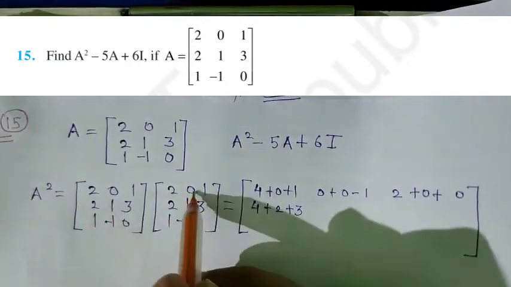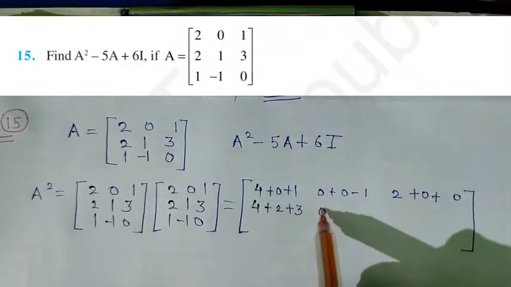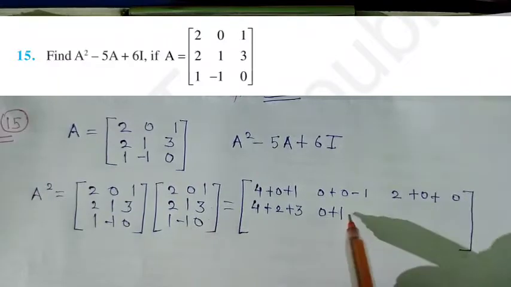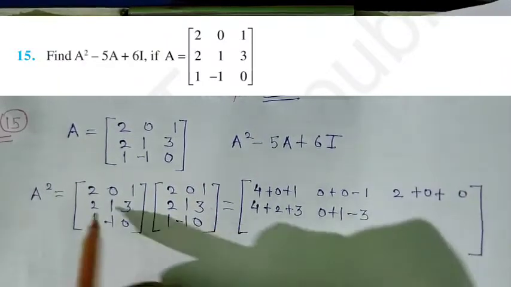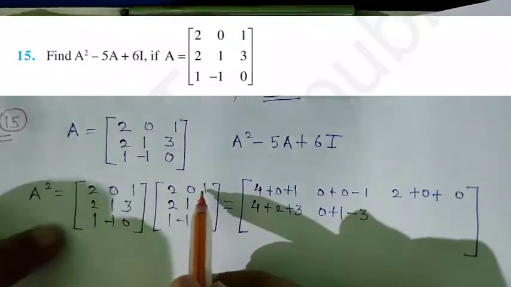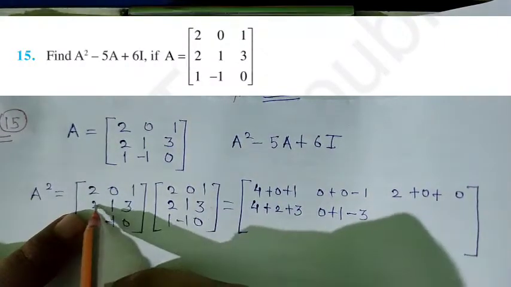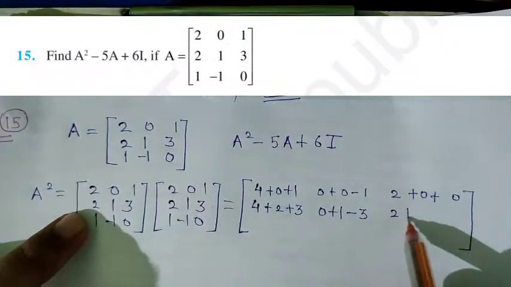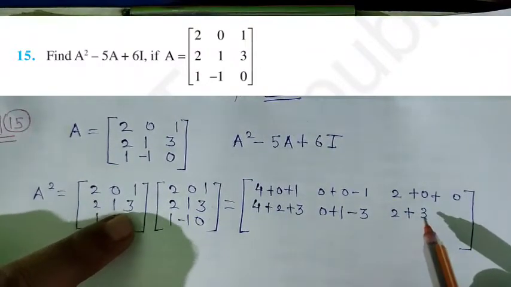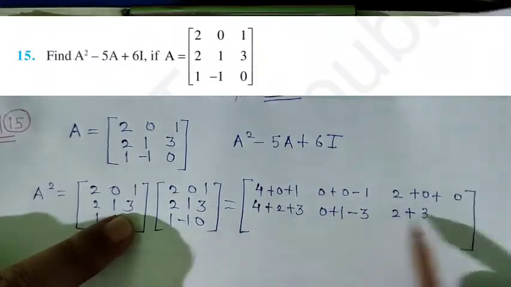Now we'll multiply 2 0 0, 1 1s are 1, and this 3 with minus 1, so minus 3. Similarly, we'll multiply this with the third column, 2 1s are 2, 1 3s are 3, and 3 0 0.